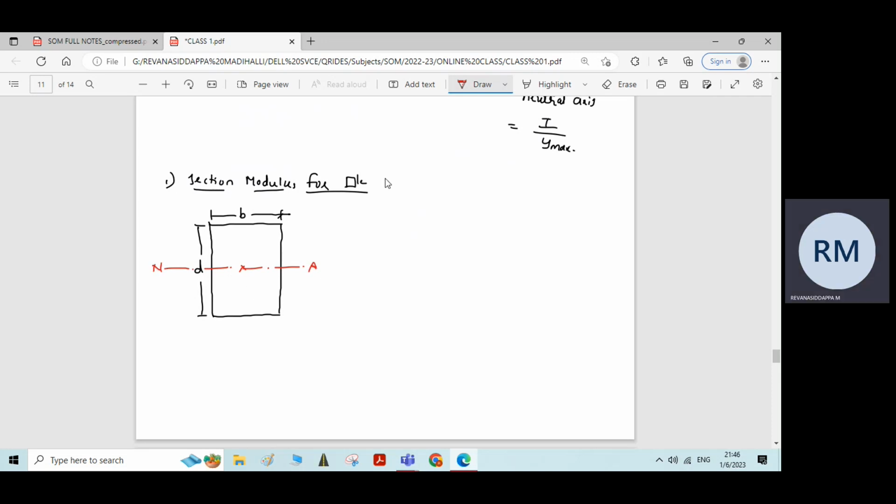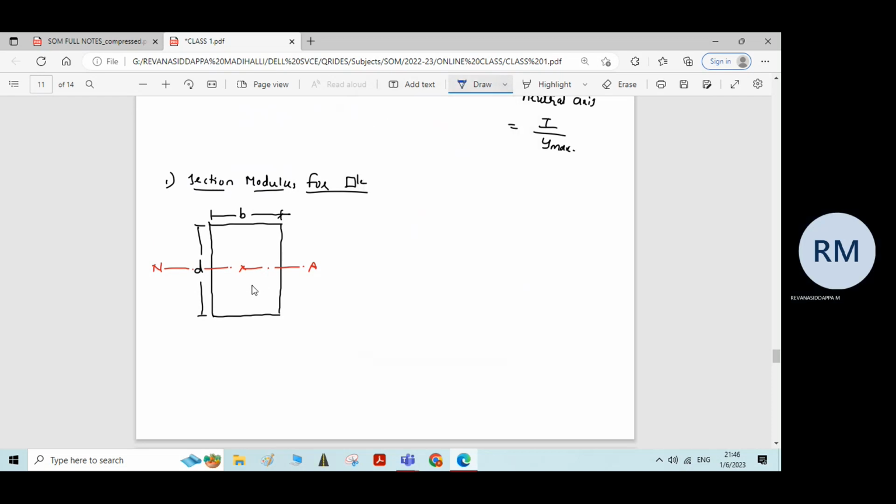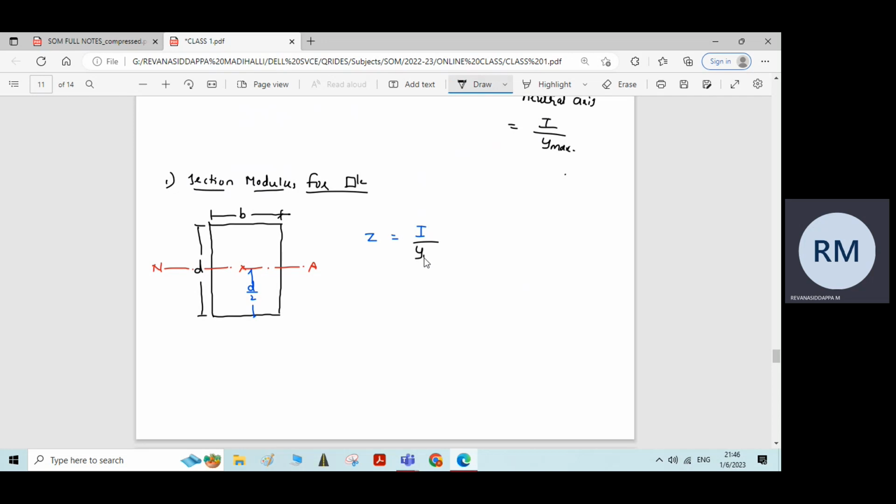The distance of the extreme fiber from the neutral axis will be d by 2. That is the y max value. We know that section modulus Z is equal to I by y max. For a rectangle, the formula for moment of inertia is b d cube by 12, and the y max value, the distance of the extreme fiber from the neutral axis, is d by 2.